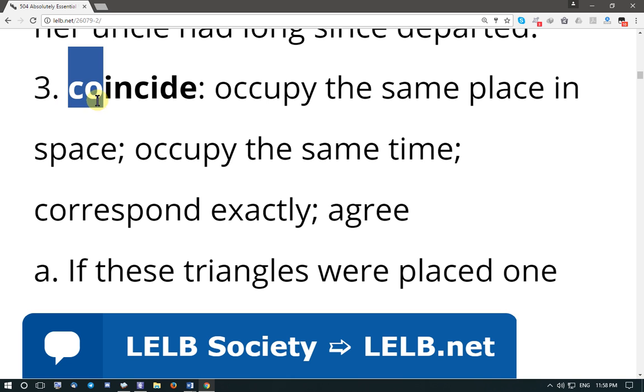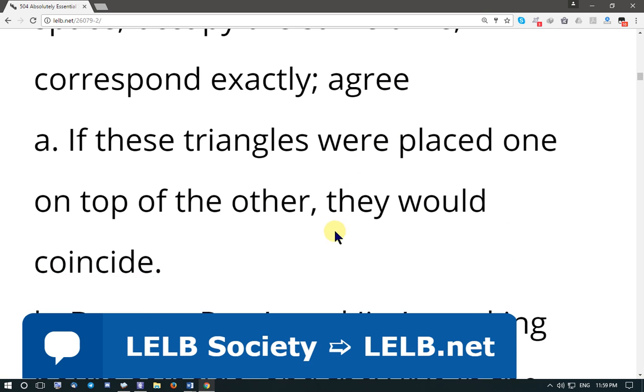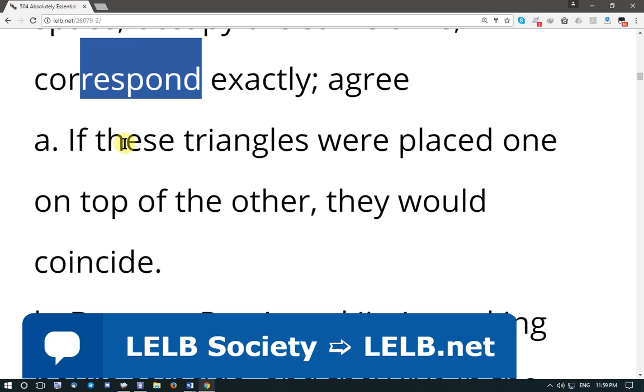And incide means happening or taking place. So something that takes place at the same time with something else. That's why we have even correspond. Co-respond, respond together, respond to each other.